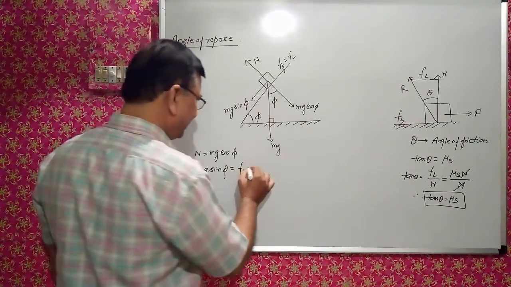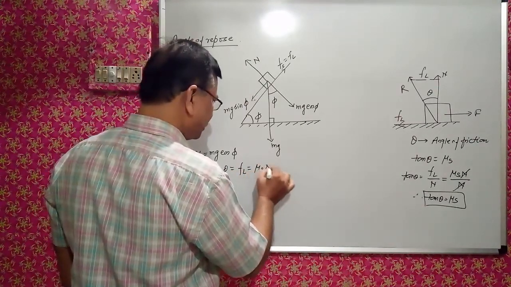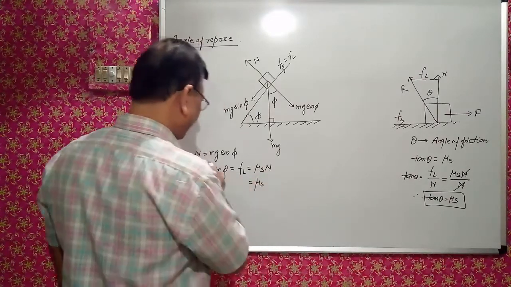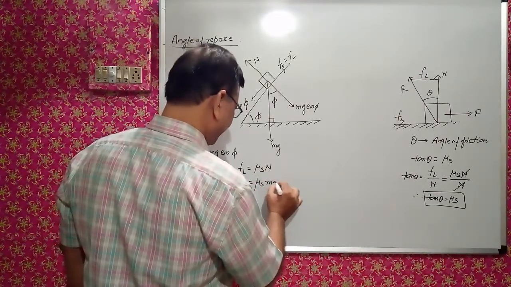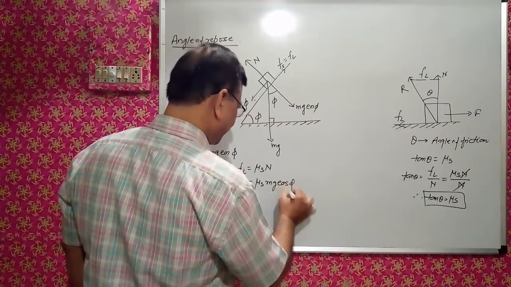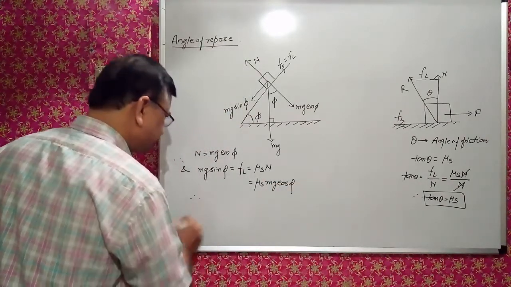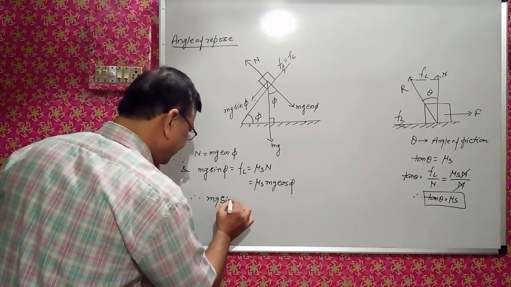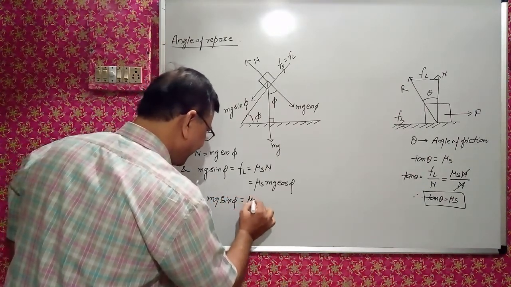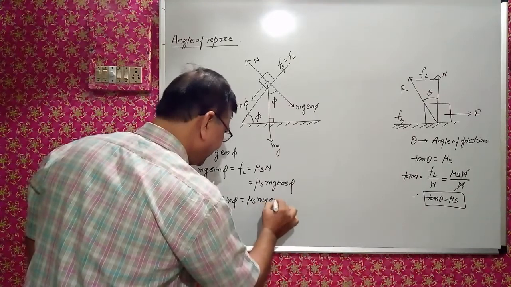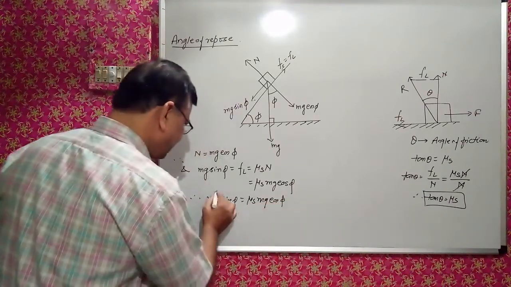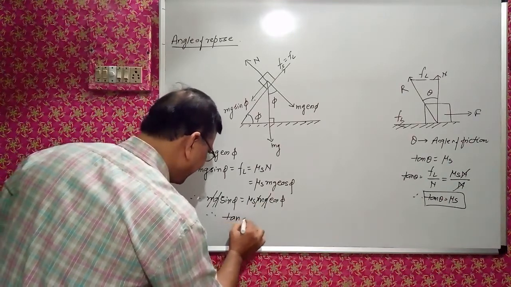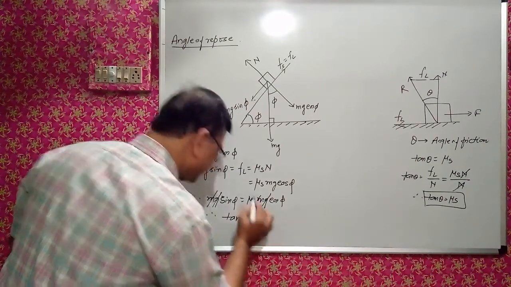And what is Fl? That is mu s into N, and N is equal to mg cos phi. Therefore, mg sin phi is equal to mu s mg cos phi. So mg will cancel, and we will get tan phi equal to mu s.